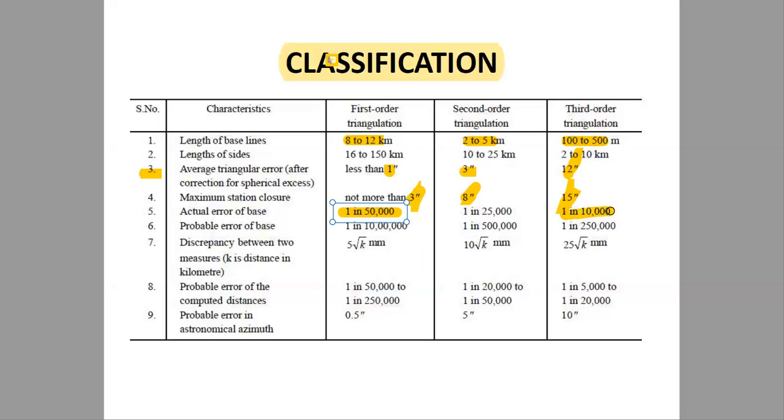This means if we are measuring a distance of 50,000, suppose in meters, then 1 meter of error is allowed in first order triangulation. Similarly, in second order triangulation, if we have a measurement of 25,000 meters, that is 25 kilometers, then 1 meter of error is allowed. And in third order triangulation, if we have a measurement of 10 kilometers, then 1 meter of error is allowed.